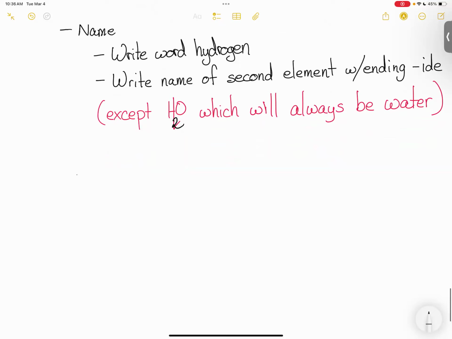So for example, with H3P, you're going to write hydrogen, and then you're going to write the second element with the ending IDE. So that's hydrogen phosphide.